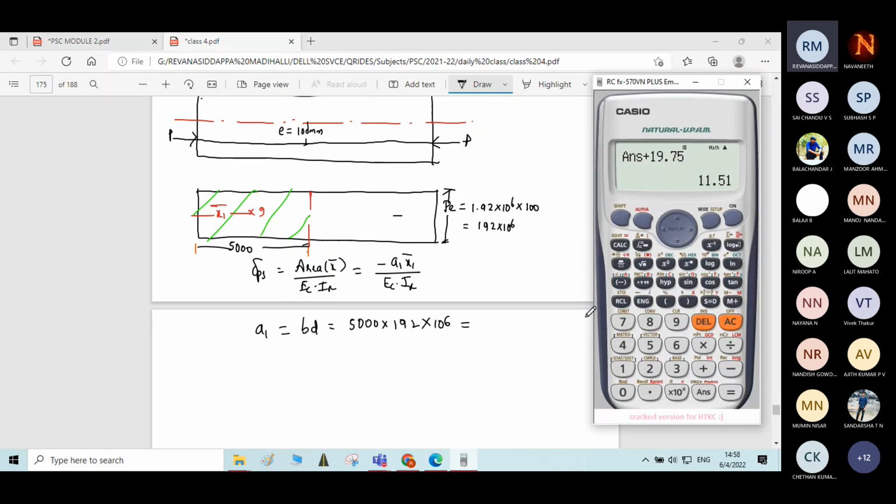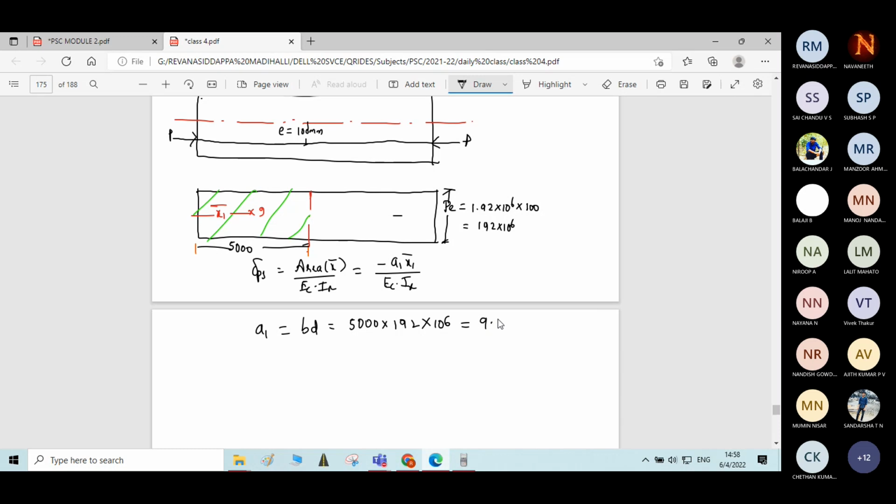Let me calculate 5000 into 192 into 10 power 6. 9.6 into 10 power 11. X1 bar is equal to B by 2, that is 5000 divided by 2, 2500 mm.